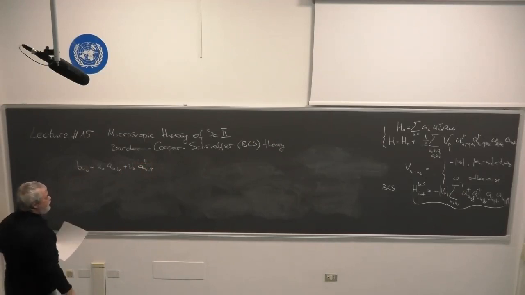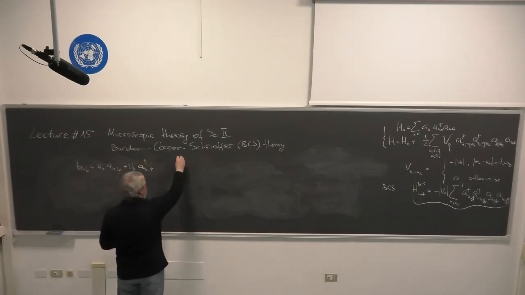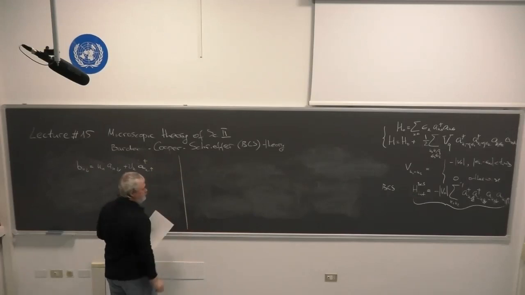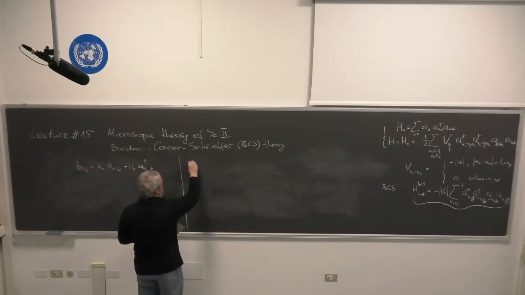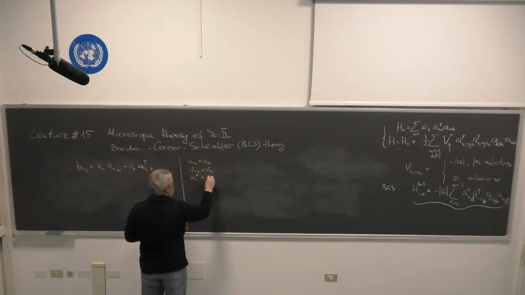If I complex conjugate, I take the same assumption that u minus k is equal to u k, v minus k is equal to v k, and u k star complex conjugated is equal to u k, and v k star is equal to v k.